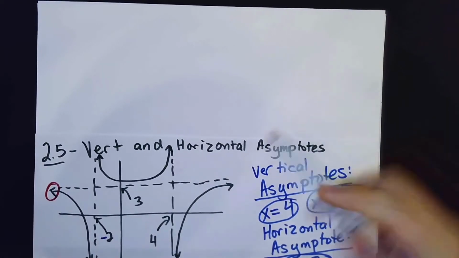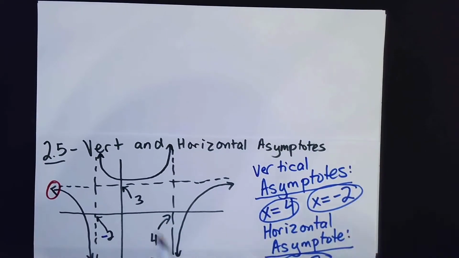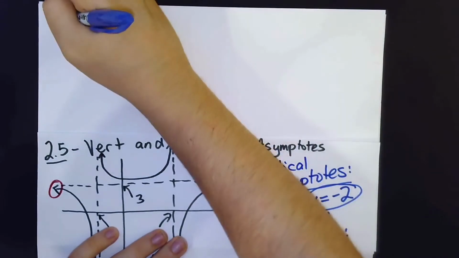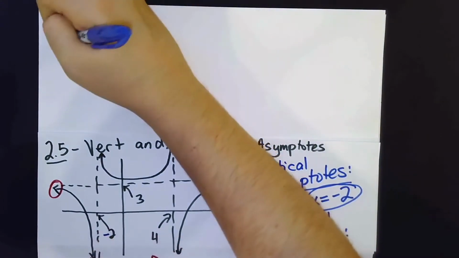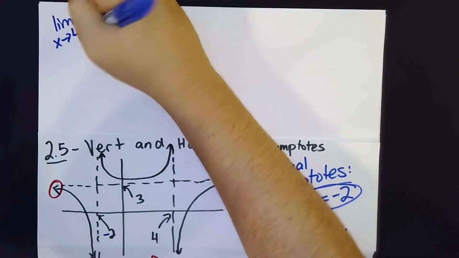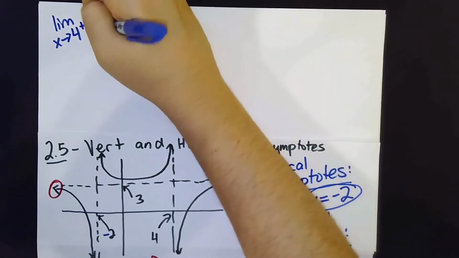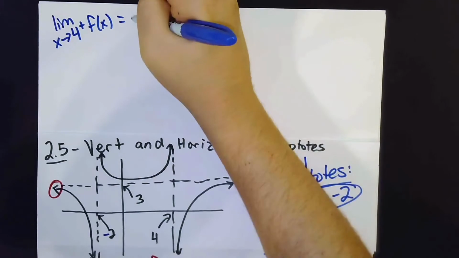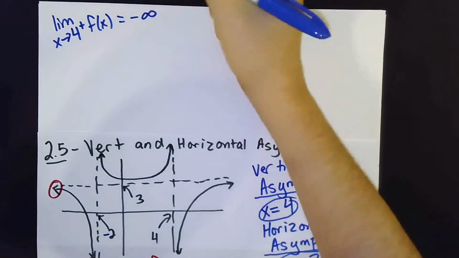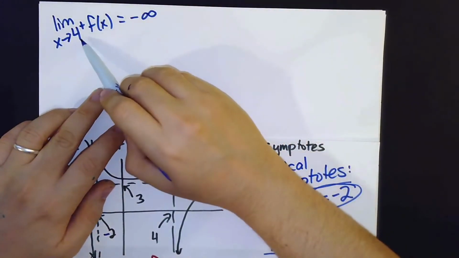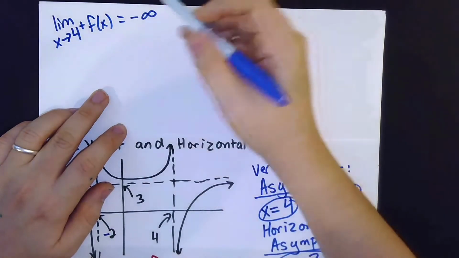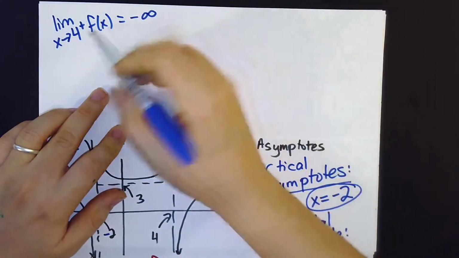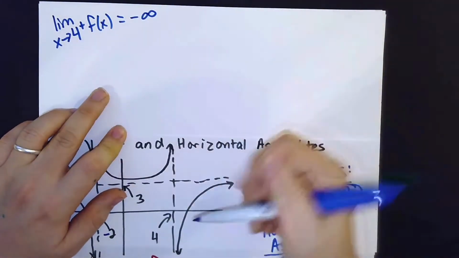Okay, what about the vertical asymptotes? Well, the vertical asymptotes here at minus 2 and 4 come from the fact that, for example, if you take the limit as x goes to 4 from the right of this function, then you get something infinite. Okay. Namely, instead of this being 2 or 7 or something, you get a negative infinity. The graph at the input 4 spikes off to minus infinity in one direction.